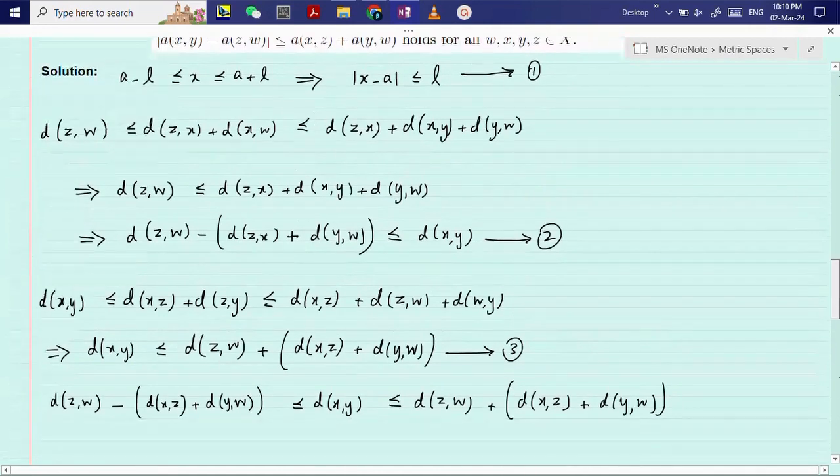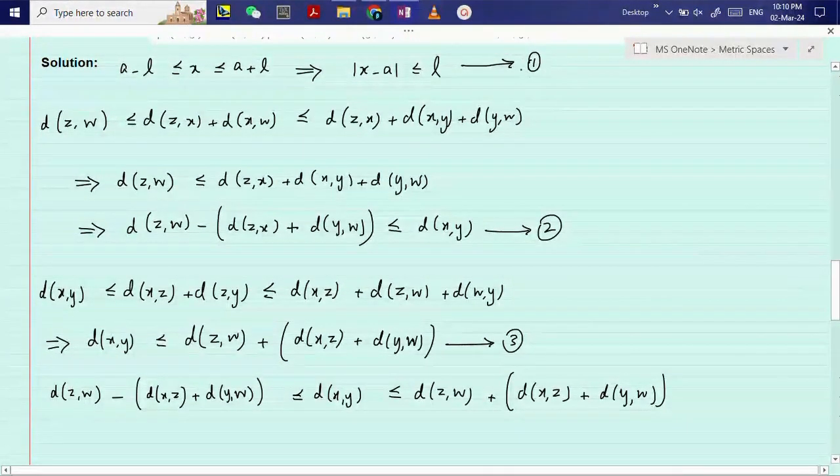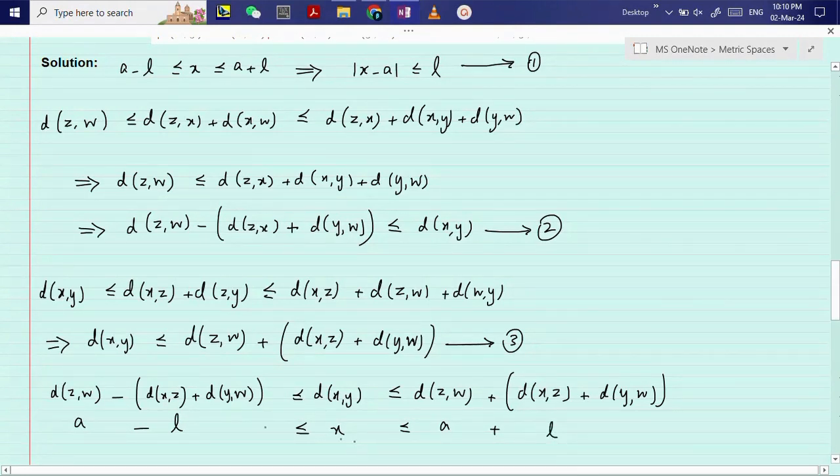If we see our implication 1, the inequality a minus l is less than or equal to x, and x is less than or equal to a plus l, you will come to know that a minus l is less than or equal to x, which is less than or equal to a plus l, because both are equal.